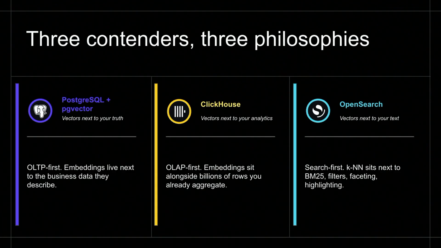ClickHouse is an OLAP-first engine, an analytical database, so embeddings sit alongside billions of rows that you already aggregate. Then you have OpenSearch, where the vectors sit next to your text. OpenSearch is a search-first engine, so KNN sits next to BM25 filters, and the different features that a search engine will use.